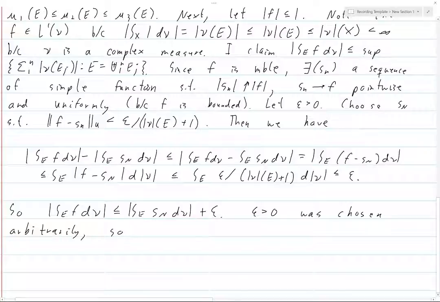And so now what we have gives us exactly what we want. The integral of f d nu is certainly going to be less than or equal to the supremum over all such things of this form, the integral over E of S_n d nu.